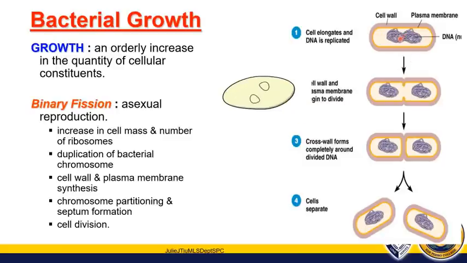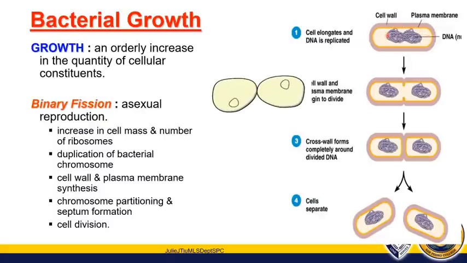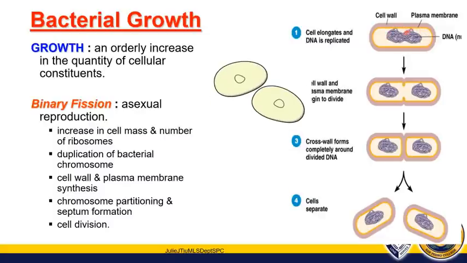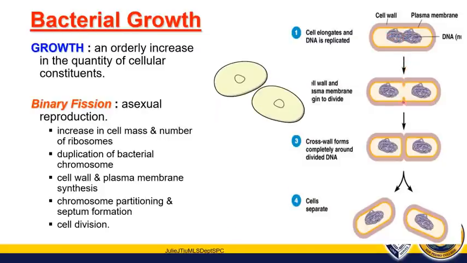During this process, there is an orderly increase in cellular structures and components, replication and segregation of the bacterial DNA, and formation of a septum or cross wall which divides the cell into two progeny cells. The process is coordinated by the bacterial membrane, perhaps by means of the mesosomes.